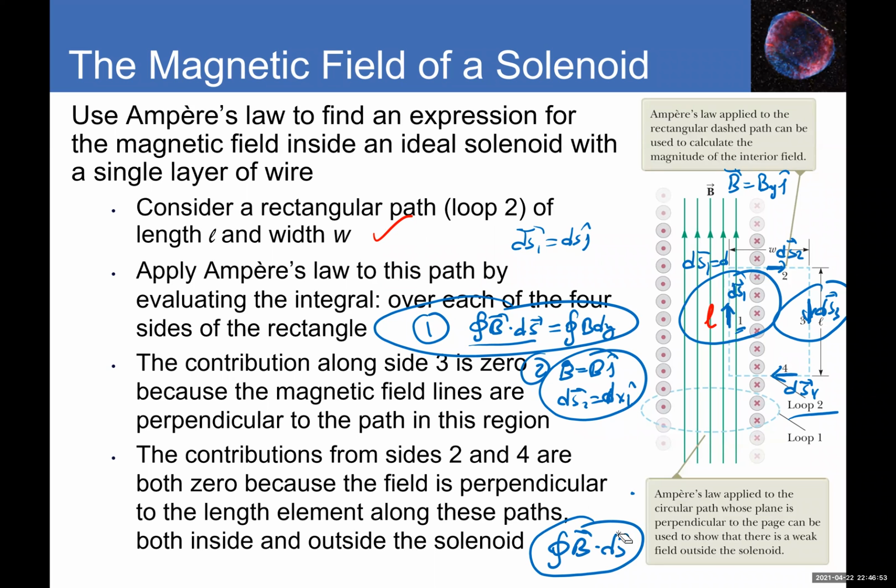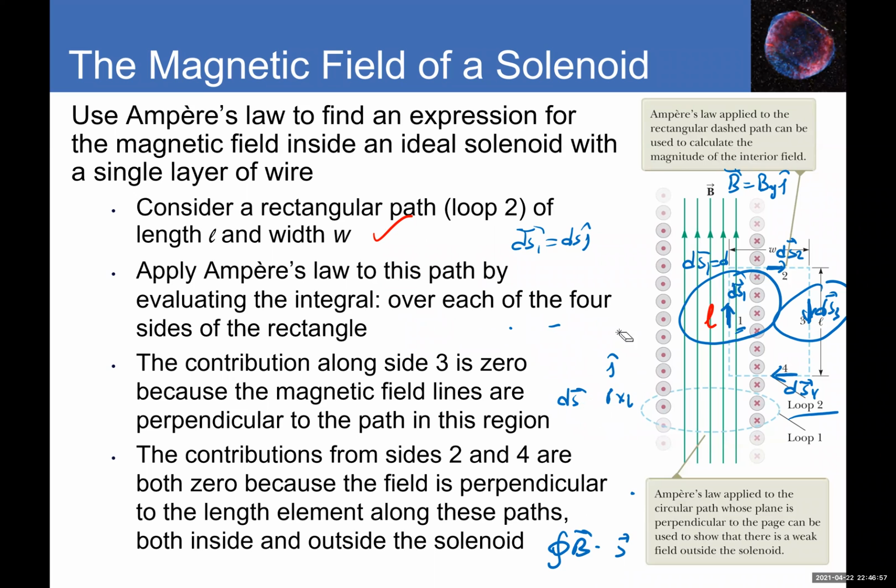That means what we end up with is this. The contribution along side 3 is 0, which is this one over here. Contribution from sides 2 and 4 are also 0 because the ds is perpendicular.